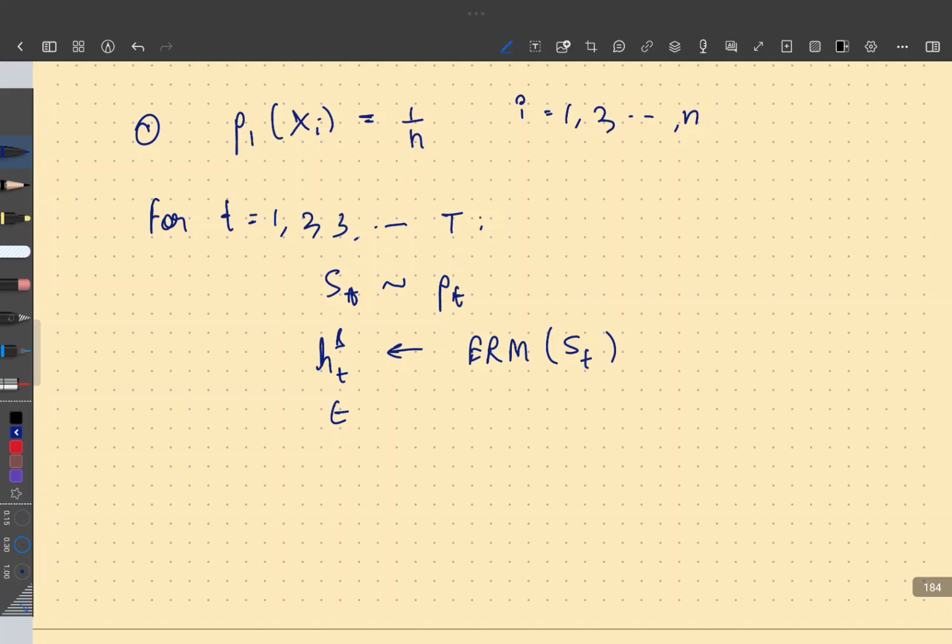Since you know the distribution, you can compute the generalization error with respect to this particular distribution P_t.